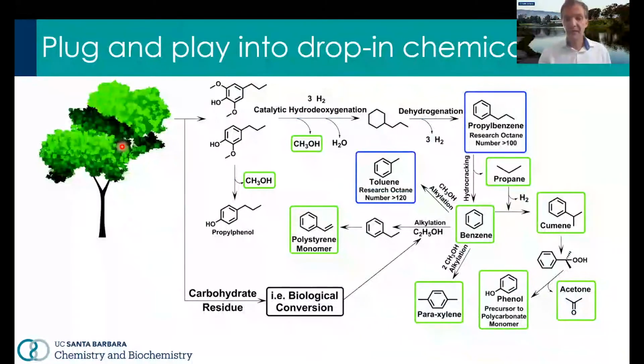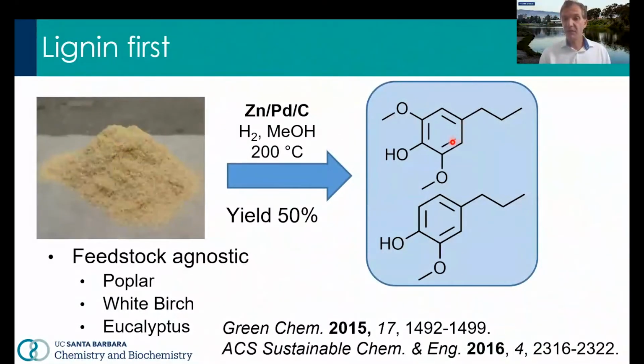The excitement here in these phenolic molecules that we make is that these can be used, as I'll show you in the later part of my presentation, as monomers to make interesting materials. But these are molecules now, and they can be used to derive other aromatic molecules that we already use.